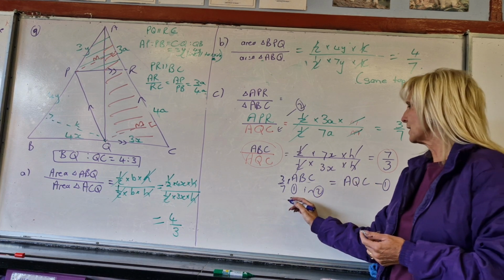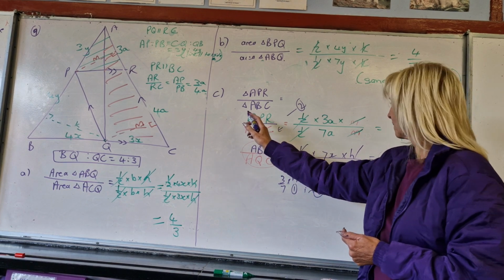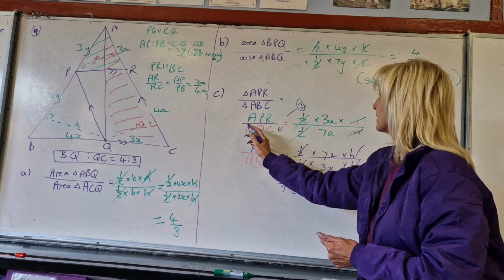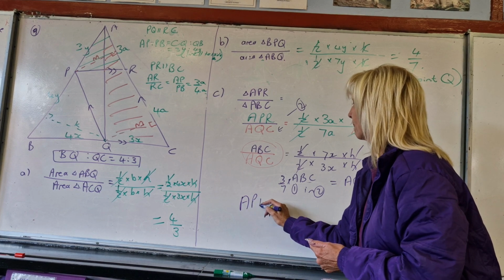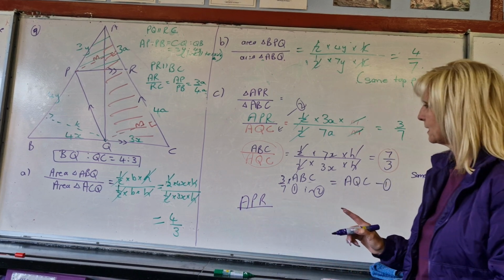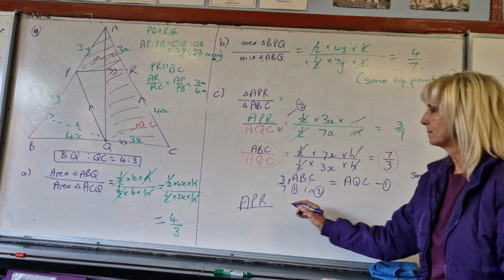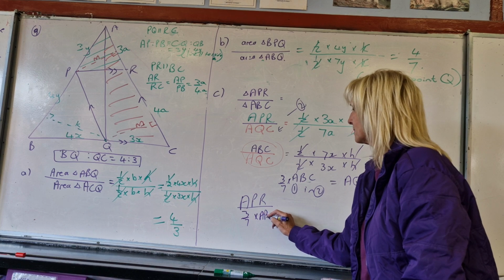So now to get AQC that you know back into this one. Where am I now? APR, yes. So into this one, we're going to substitute APR over the AQC, which is now going to become what? 3 over 7 times ABC.